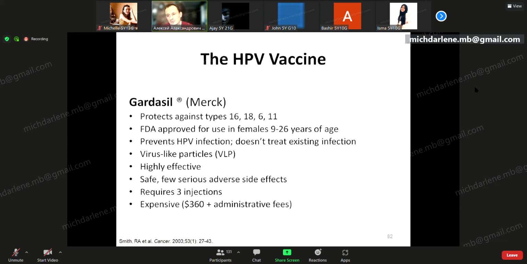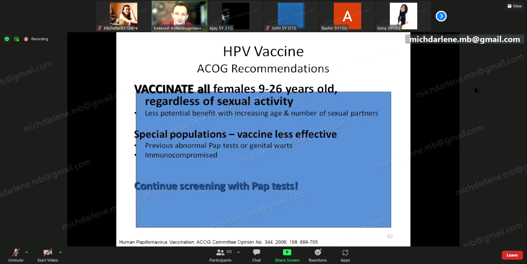The main trouble is the age. Age should be less than 21. Somewhere they made it until 25, but the best age is until 15, before the start of sexual life. Take a look: the current recommendations are 9 to 26.